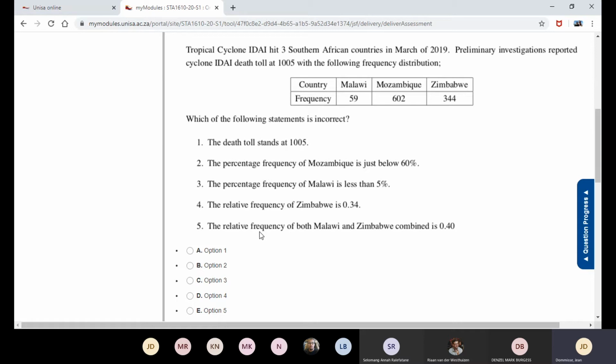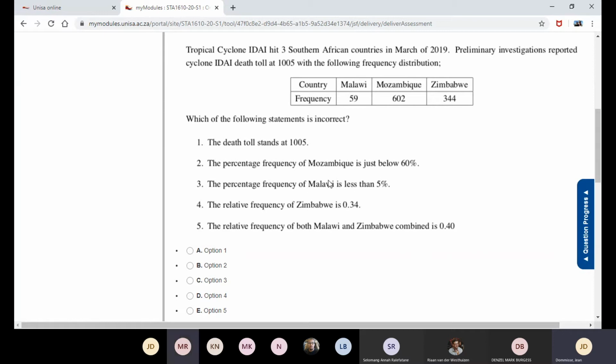Which one did you say is incorrect? They all seem right to me. I think Malawi is slightly over 5%, not less. Okay, so 0.058. My maths was just rough calculations, because the relative frequency of Zimbabwe will be 0.34, and if you add those two together, it is also 0.4.